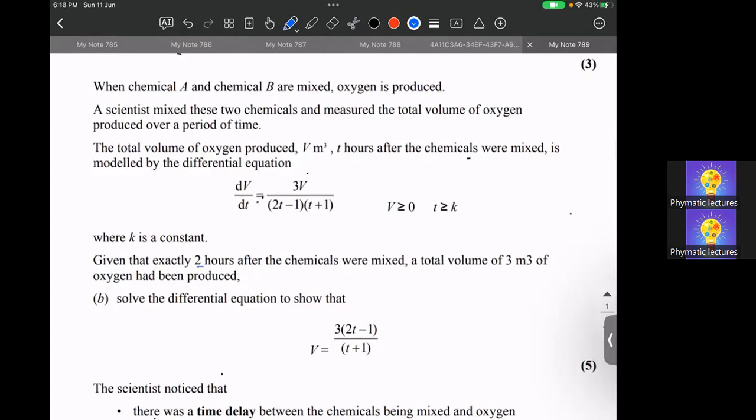Given that exactly 2 hours after the chemicals were mixed, a total volume of 3 meter cube of oxygen had been produced, solve the differential equation to show that V is 3 times (2t minus 1) over (t plus 1).